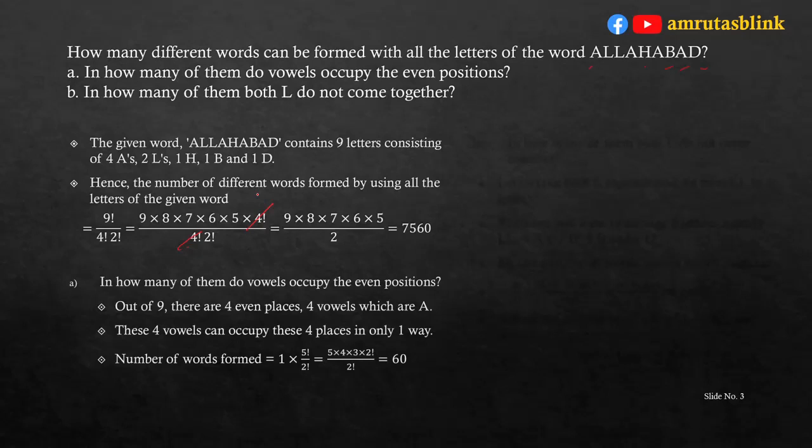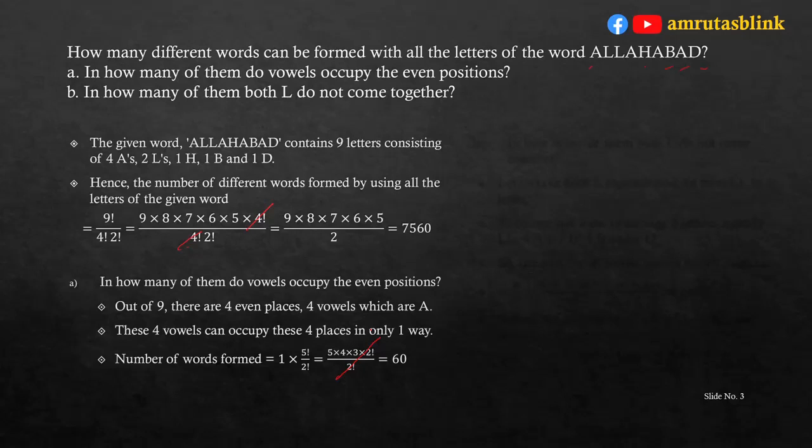Hence the number of words formed will be 5 factorial upon 2 factorial into 1, that is 5 into 4 into 3 into 2 factorial divided by 2 factorial. Now again this 2 factorial will get cancelled. So 5 into 4 into 3, that is 60. So to answer the first question, out of total 7560 words, there are 60 such words where vowels occupy even positions.